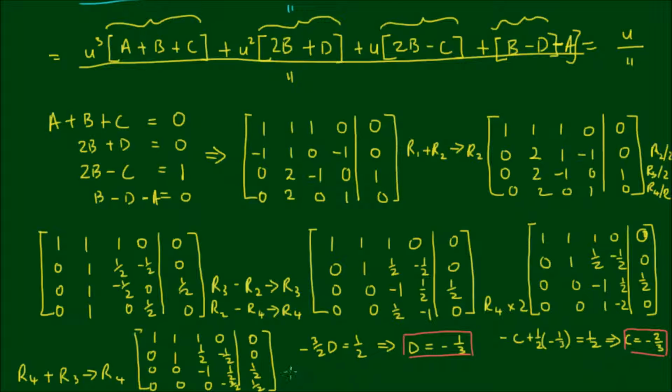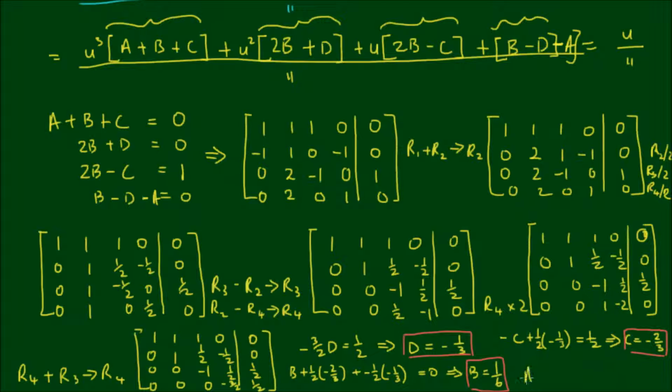We have b plus a half of minus 2/3, which is c, plus minus a half of minus 1/3 is equal to 0. This means that b is equal to 1/6.